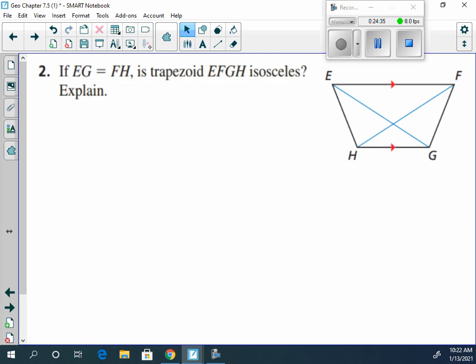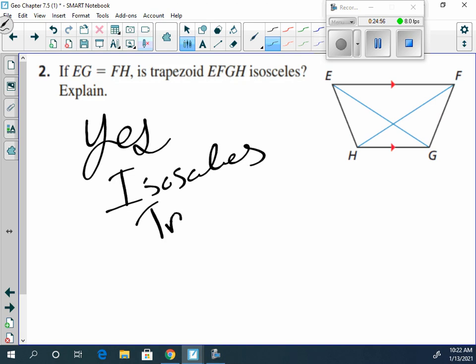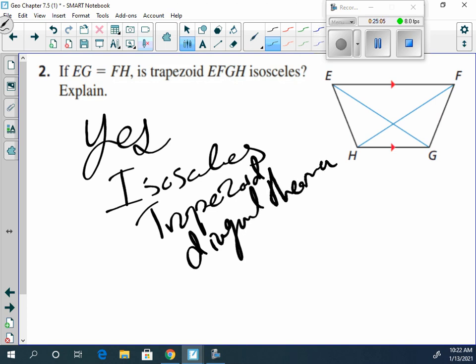Yes, because I believe it's our isosceles trapezoid diagonal theorem, which states that this would be isosceles.